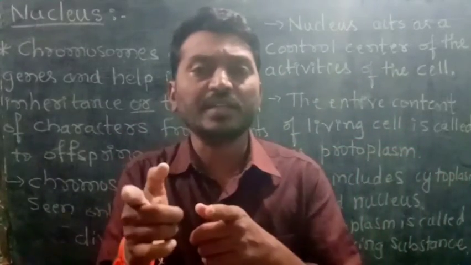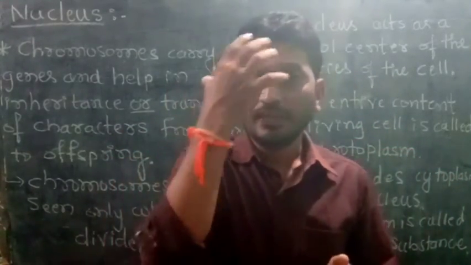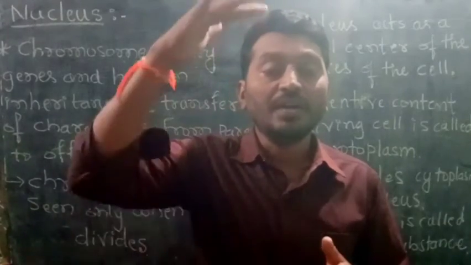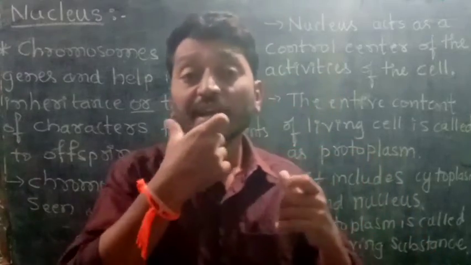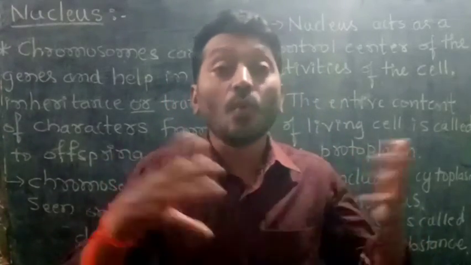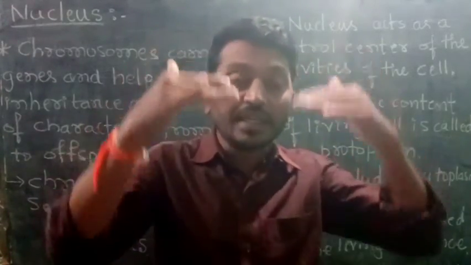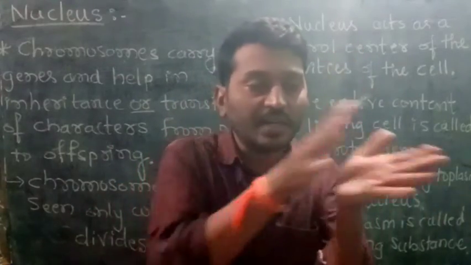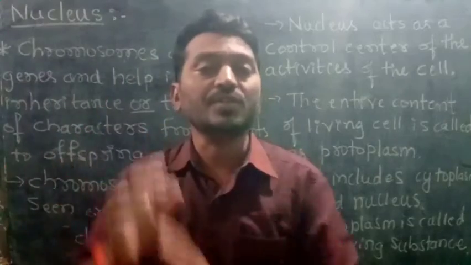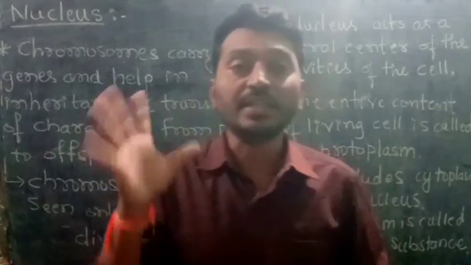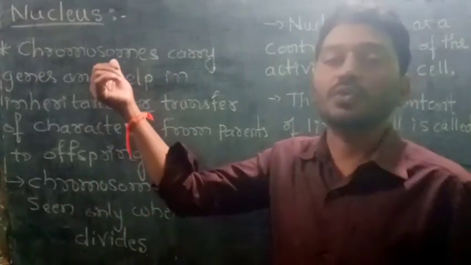So what are the characters? Maybe the face cut or height, ears, or a cracked voice, speaking style, walking style. So some of these characters are carried forward from parents to the offspring or the children. So that is the main work of chromosomes.